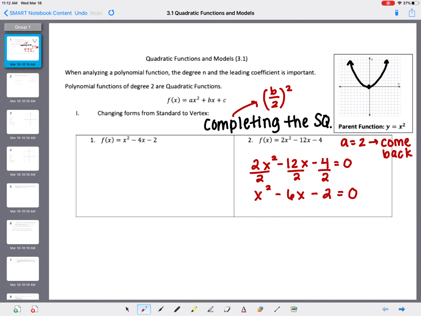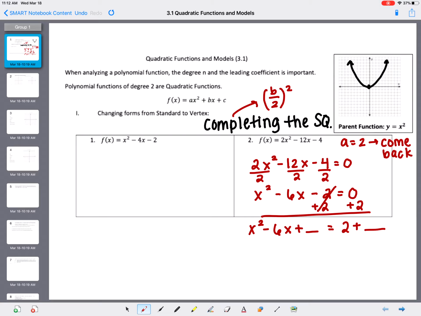My second step is to get rid of the c value. So what that means is I'm going to add 2 to both sides. That's my old c. I'm going to move it over to make room for my new c. Remember we left some space on each side for our new c.